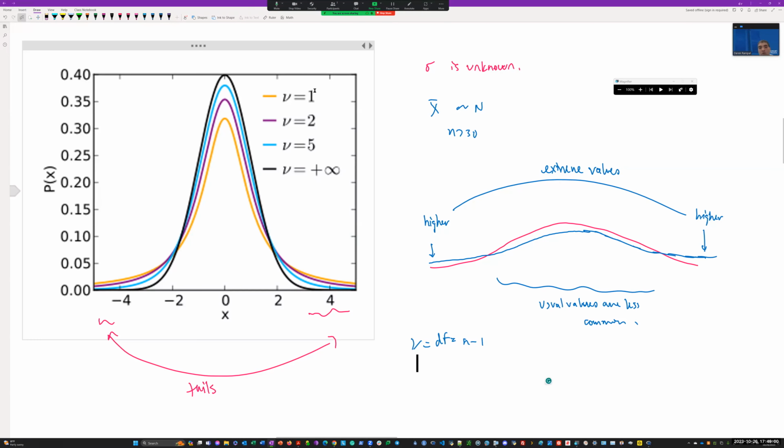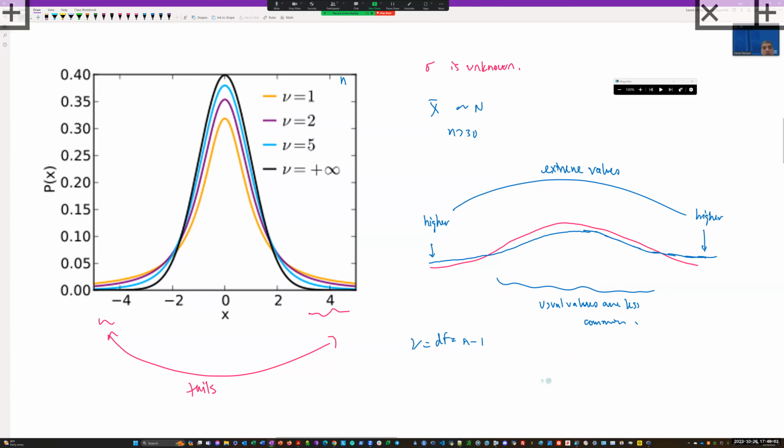So if V is 1, what is n? 2. And then this would be 3, and this would be 6. But if this thing is infinity, this one would be infinity also.